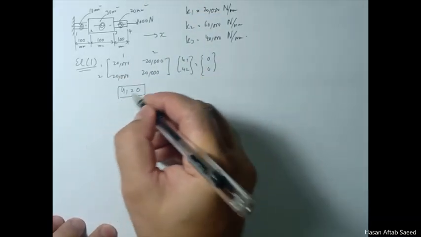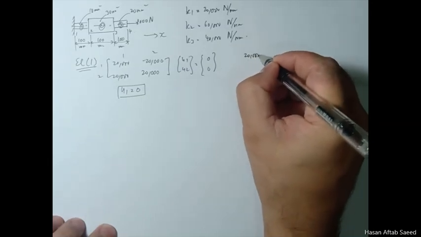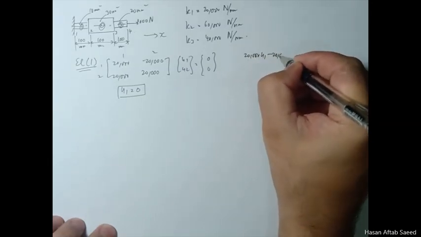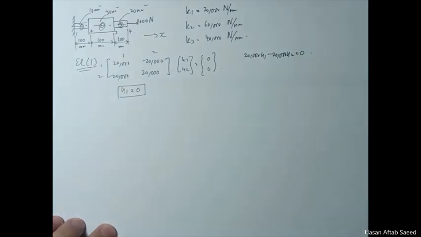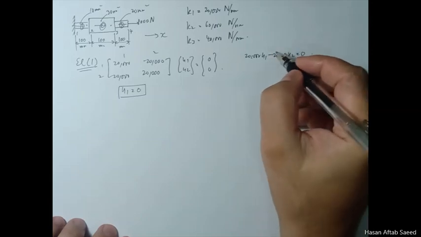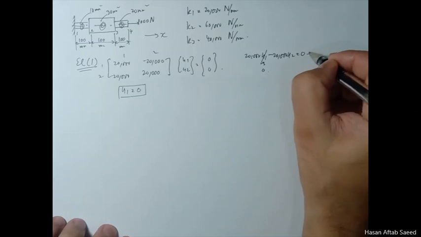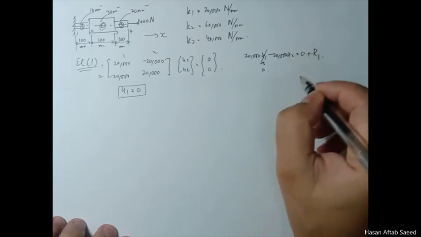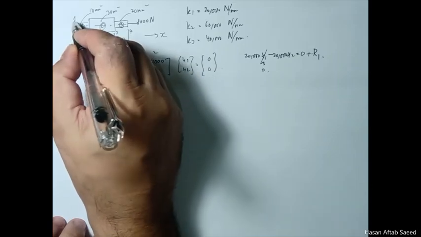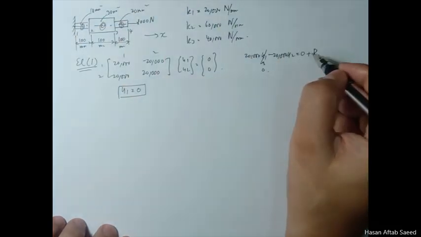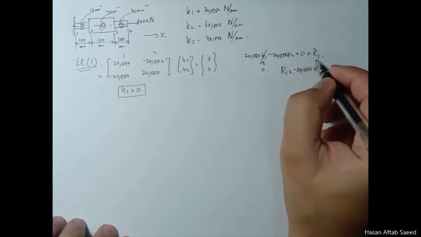So we'll eliminate this, but before eliminating we'll write 20,000 U1 minus 20,000 U2 is equal to 0. This is the equation, and this U1 becomes 0 precisely because R1 is added. There's a reaction force added here which makes sure that this U1 is 0. So if that is the case, then R1 value is minus 20,000 U2.